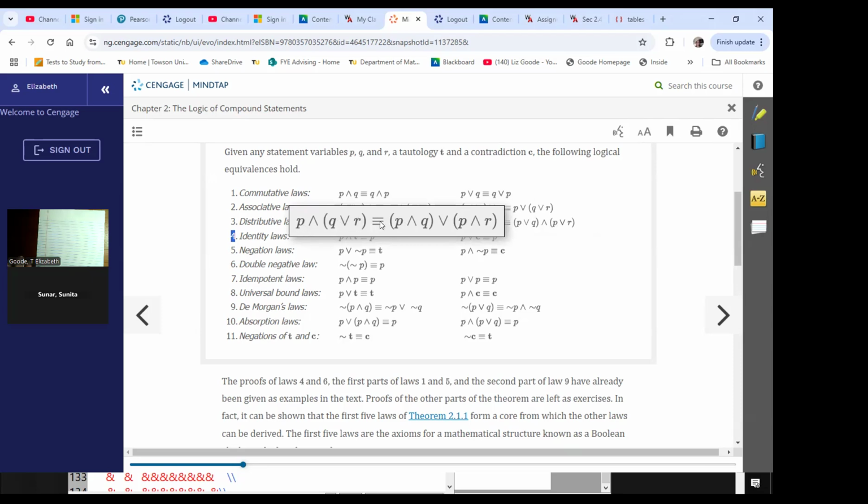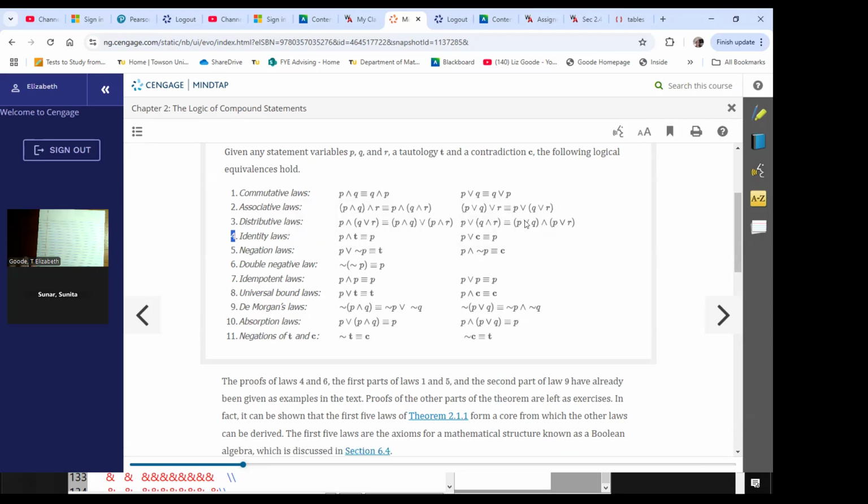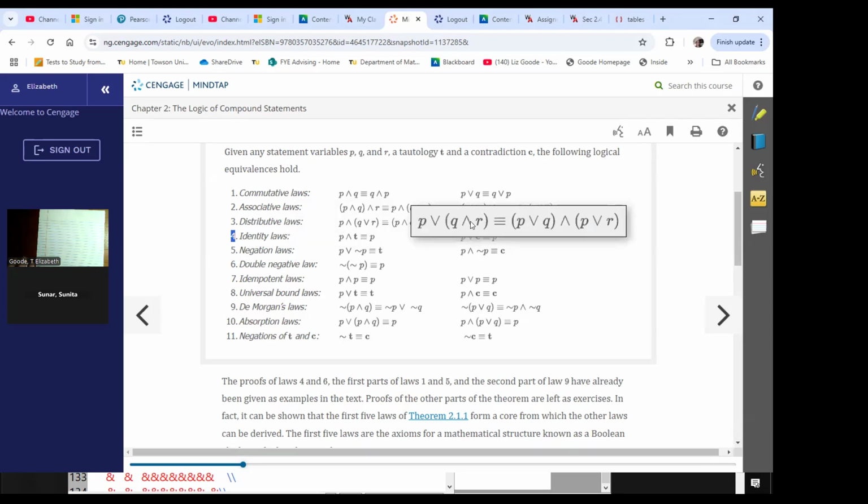So P anded with the quantity Q or R is the same thing as the quantity P and Q or the quantity P and R. And in a symmetric way, the or operator can distribute across the and operator. So P ORed with the quantity Q and R is the same thing as P or Q, and P or R.